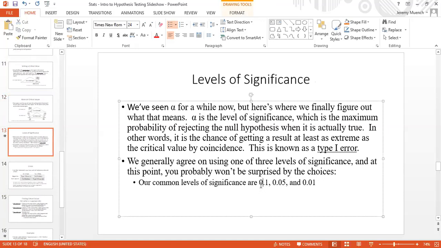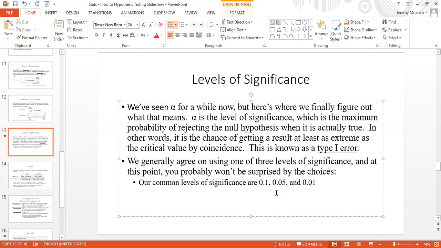In other words, a 0.1 level of significance would be if there's only a 10% chance of getting values as extreme as we got by chance, then that's when we'll conclude to reject the null hypothesis. That's when we'll decide the evidence is suggesting the null hypothesis is not true.